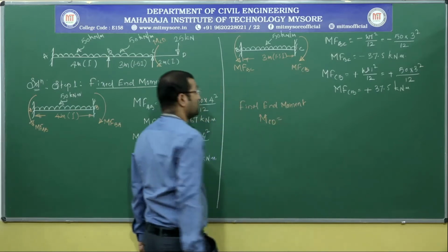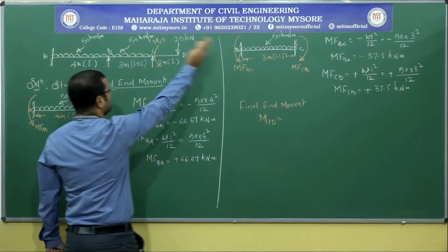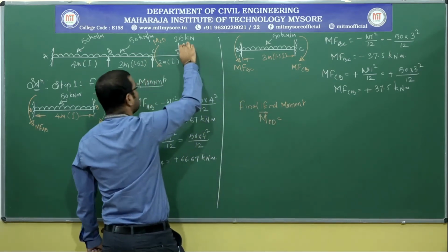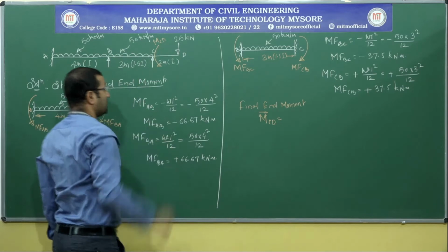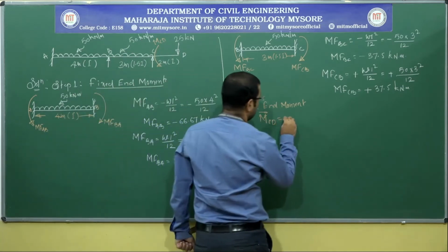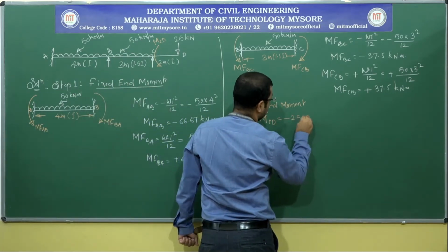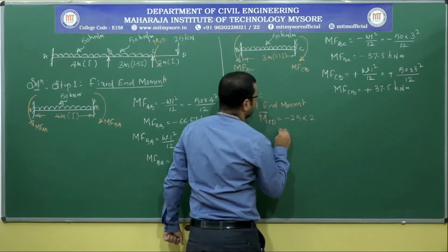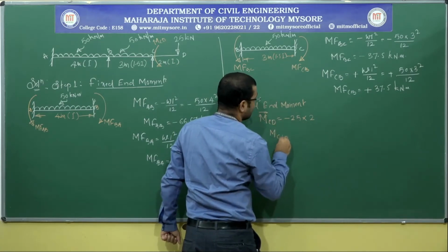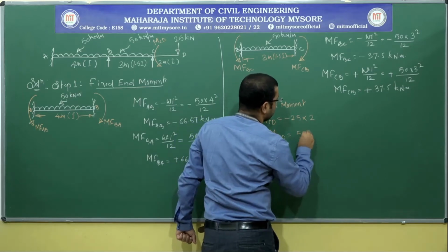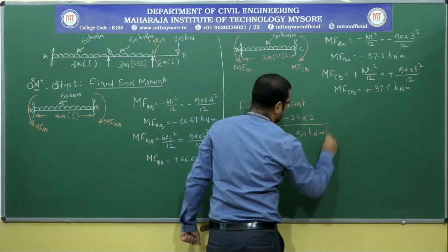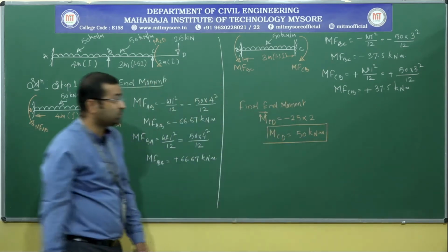If I consider the right side of the beam, the 25 kilonewton is creating a clockwise moment, so it is negative. So, minus of 25 into its perpendicular distance, 2 meter. So, we will get MCD as 50 kilonewton meter as final moment. This we need to remember.